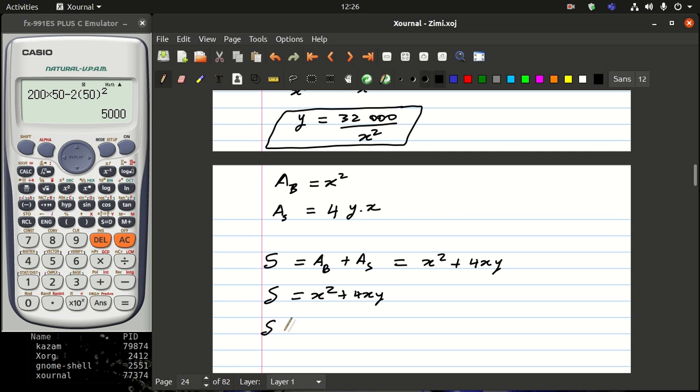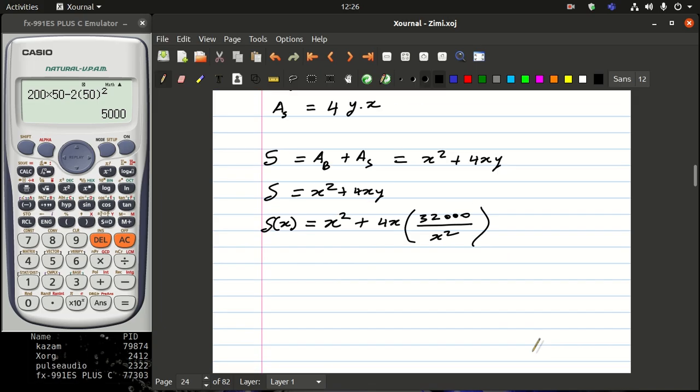But now, if I replace my y by this equation here, I will have this surface area as a function of x, which means we'll have x squared plus 4x, and instead of y, I have 32,000 divided by x squared.